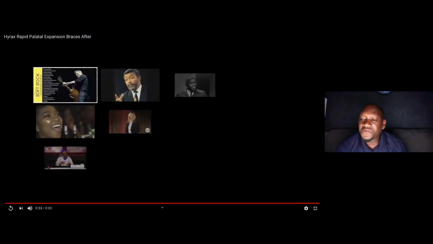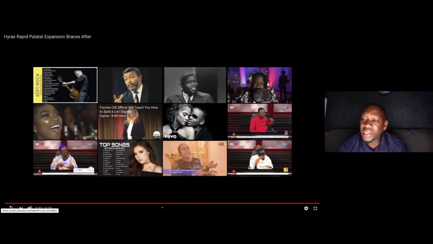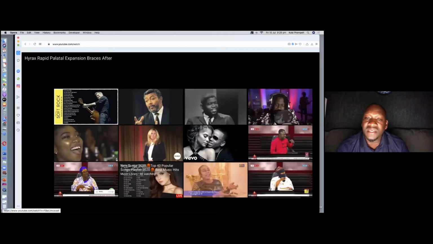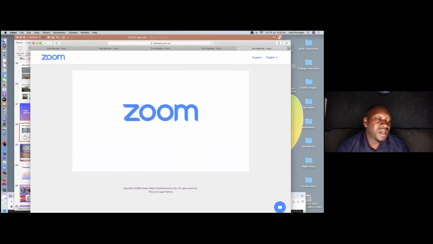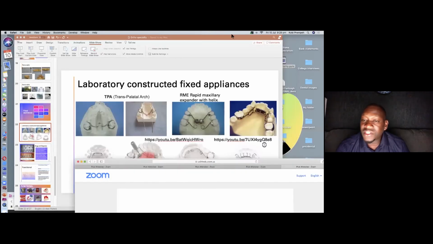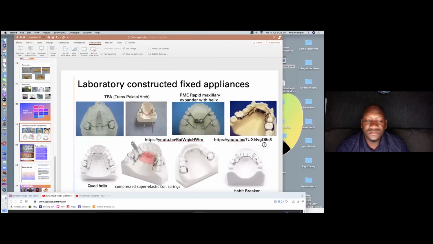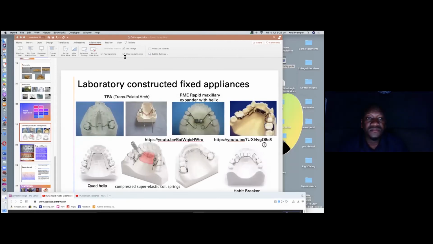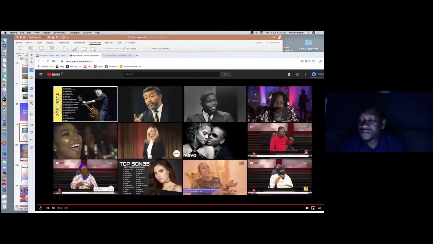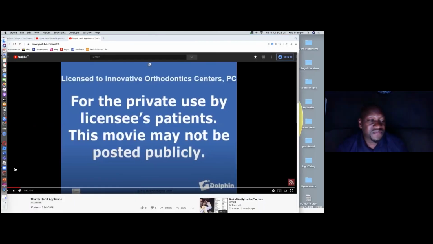And also when it comes to fixed appliances, you can have habit breakers, which are for patients that may suck their thumbs. And just to give you an illustration of how this will work, you could have something like a habit breaker.